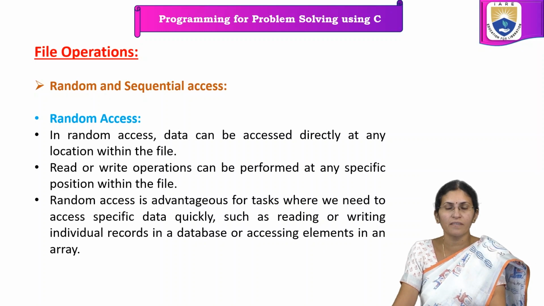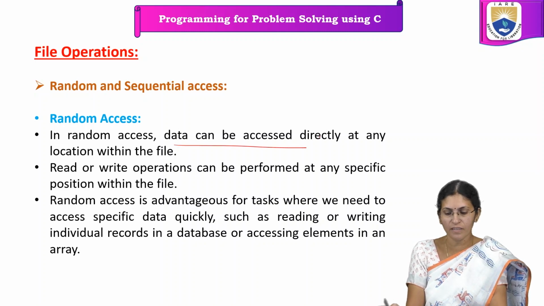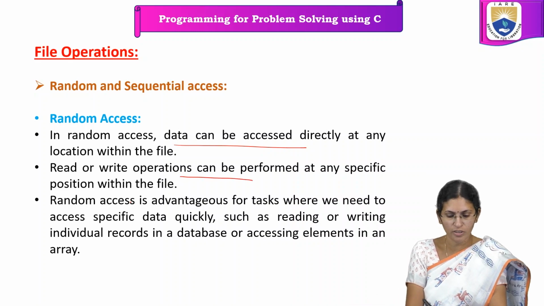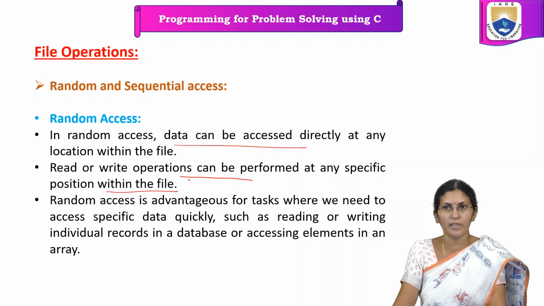Next is random access. In random access, we can access the data at any particular position in the file. That is what random access means. We can access the data directly at any location within the file. We can also perform read or write operations at any particular location or position within the file.